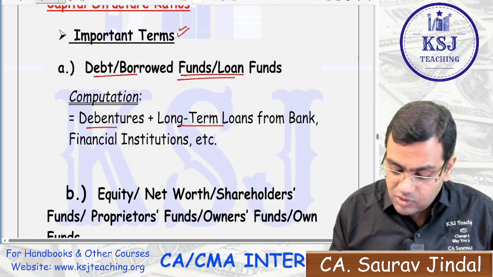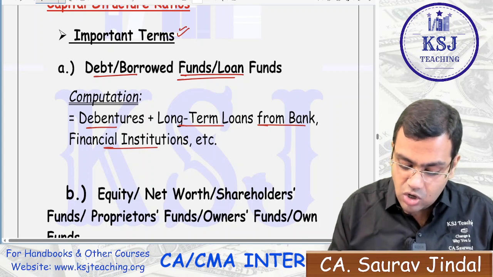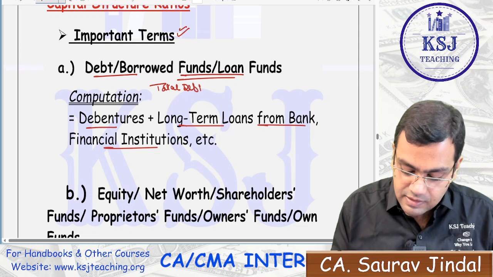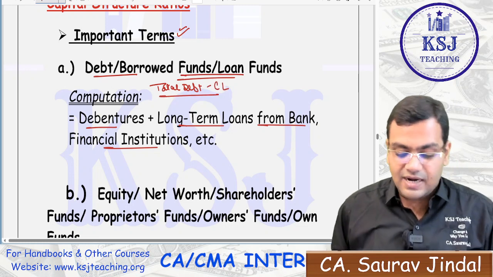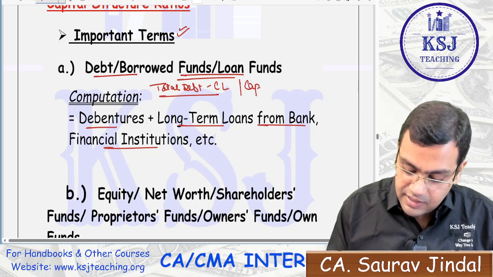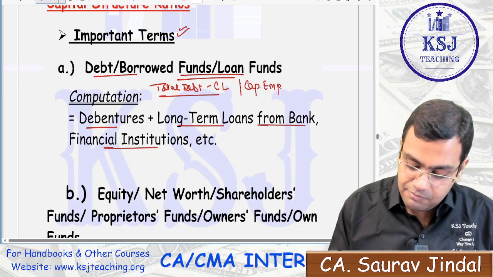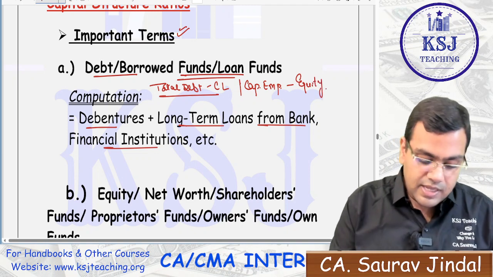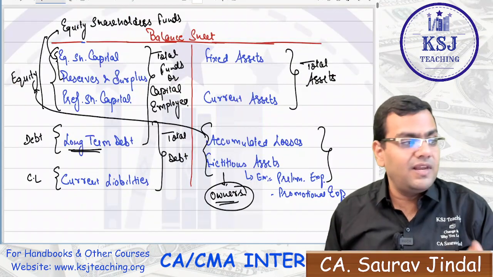Debentures plus long-term loans from banks and financial institutions, or total debt minus current liabilities, or capital employed minus equity will give you long-term debt.